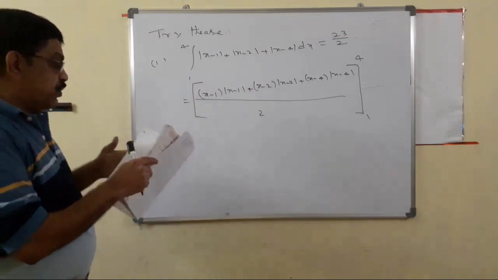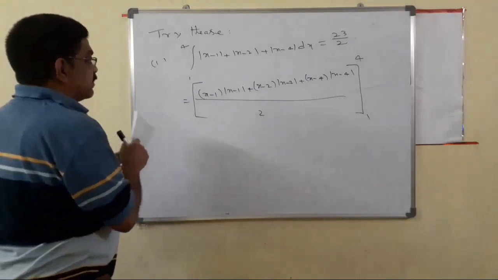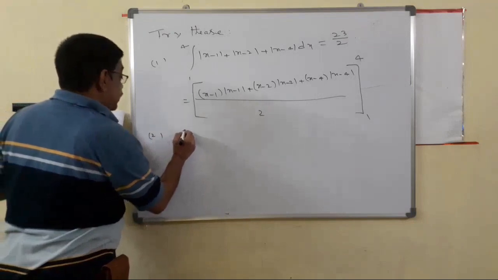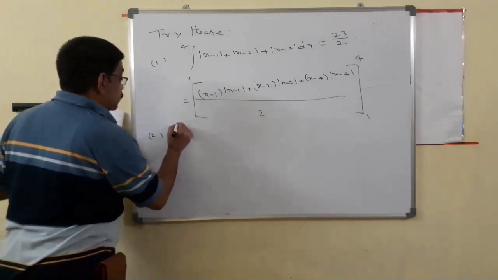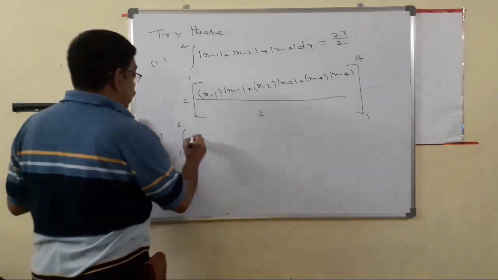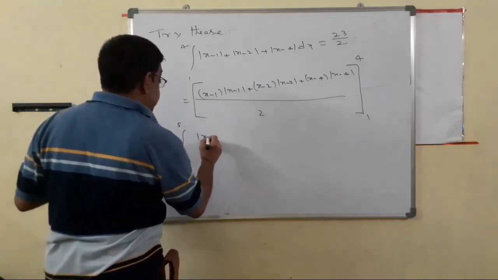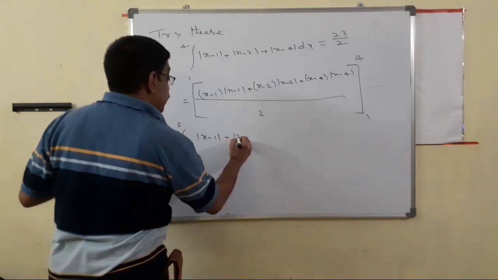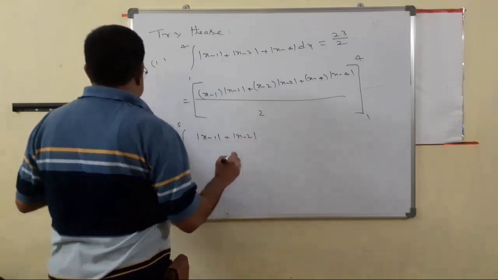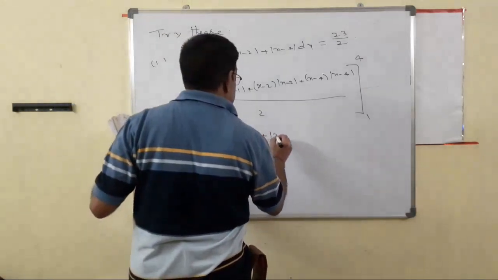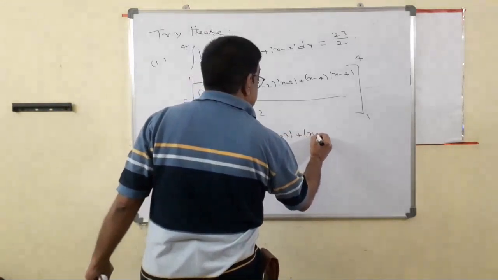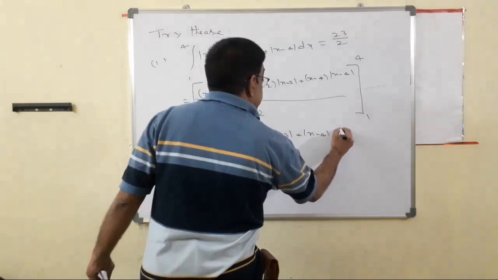You can try for practice one more problem also. Second problem for practice, very long problem of course, integral 1 to 5. Now there are many moduli functions here, mod x minus 1 plus mod x minus 2 plus mod x minus 3 and plus mod x minus 4 dx.